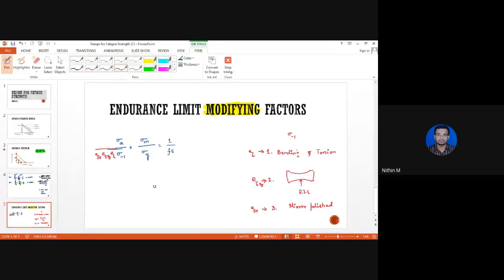The term endurance limit is represented by the notation sigma minus 1. Assume that for a specific component the endurance limit is 100 MPa. Now, when I say that I am modifying the endurance limit, is the value being increased or decreased? Are we increasing or decreasing it?